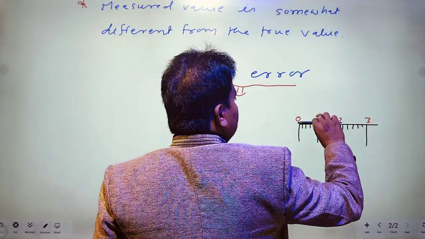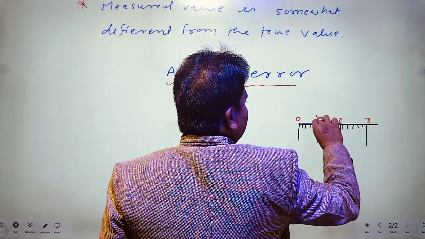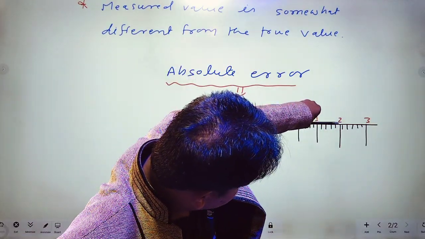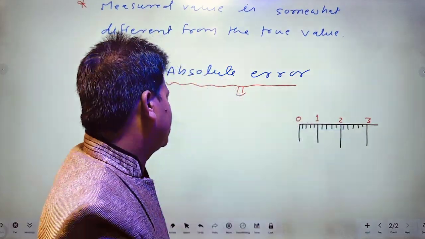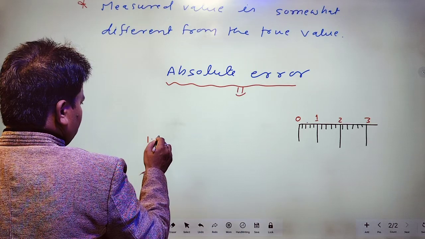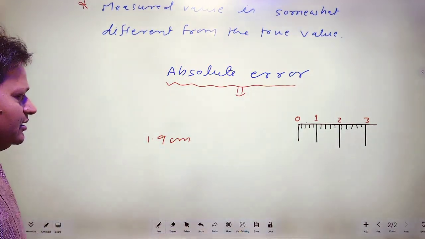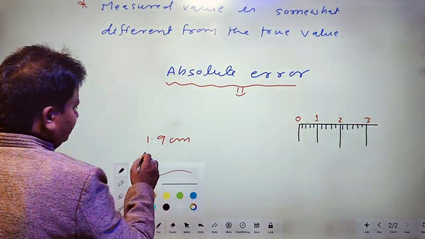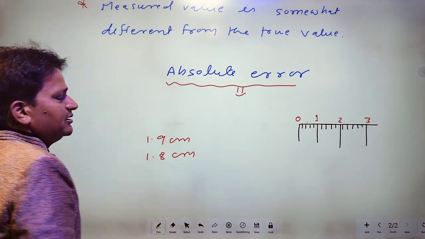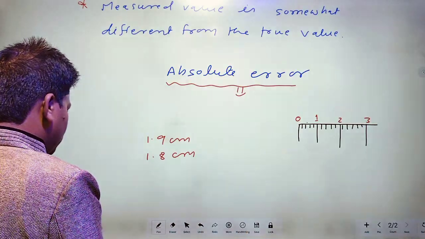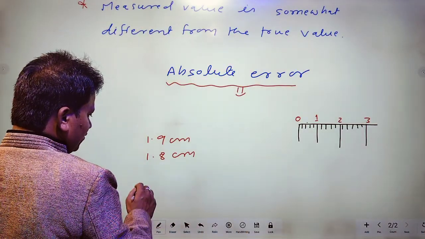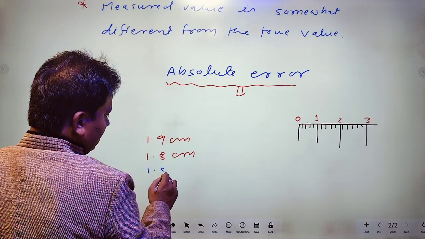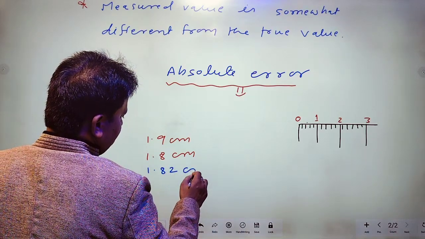We put it near the scale. Its reading comes 1.9. Now the second reading comes 1.8 centimeter, and the next reading, suppose it comes 1.82 centimeter.